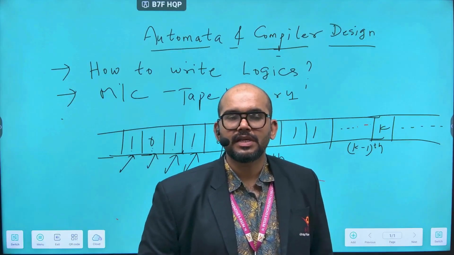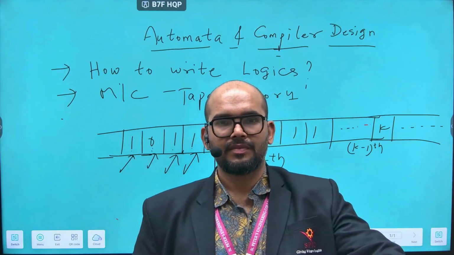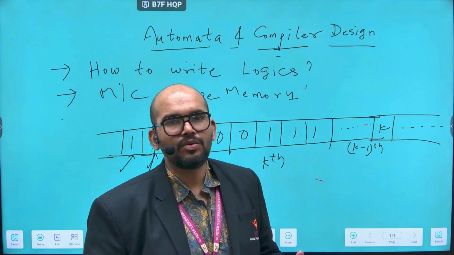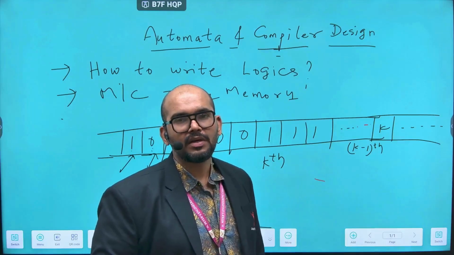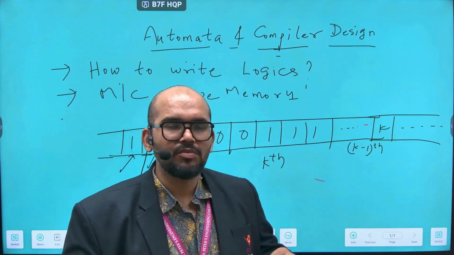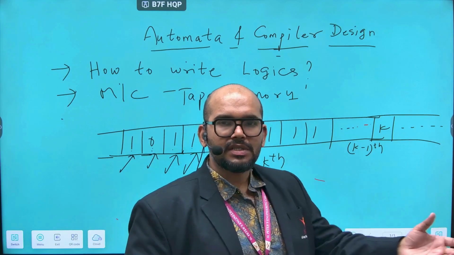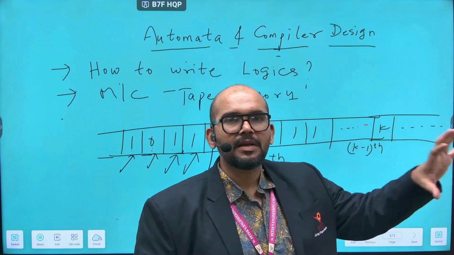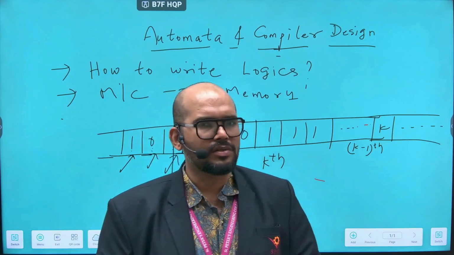So only sequential movement is possible. We can't go anywhere within the tape memory directly. At a time we can move one step forward or one step backward. We can't simply move to a particular position within the tape. Like that, we have a few problems with tape memory also.